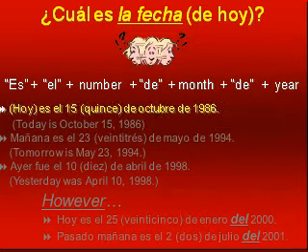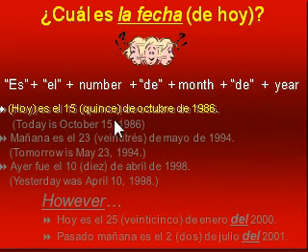Por ejemplo, hoy es el 15 de octubre de 1986. Okay, you don't have to worry about saying those years right now, but you do need to, on your prueba, your quiz, you will need to write the numbers out in words, en palabras, okay? 15.